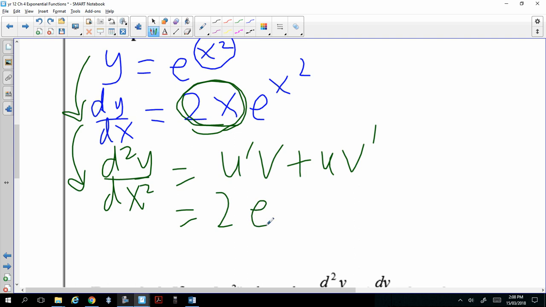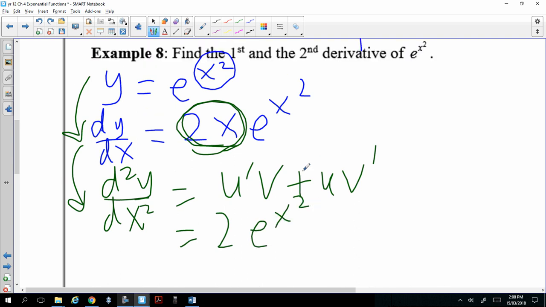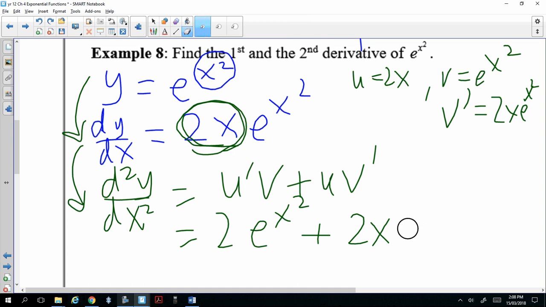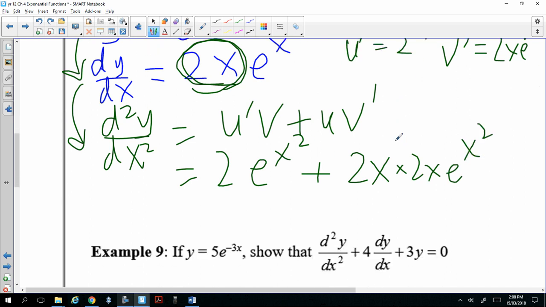So write u equal to 2x, v equal to e to the power x squared. And then you write plus u, which is 2x, e to the power, and then you have to differentiate, which is 2x e to the power of x squared. So 2x e to the power of x squared. Okay, so that's 2. Right, so we're going to simplify that. You get 2 e to the power x squared plus 4x squared e to the power of x squared.